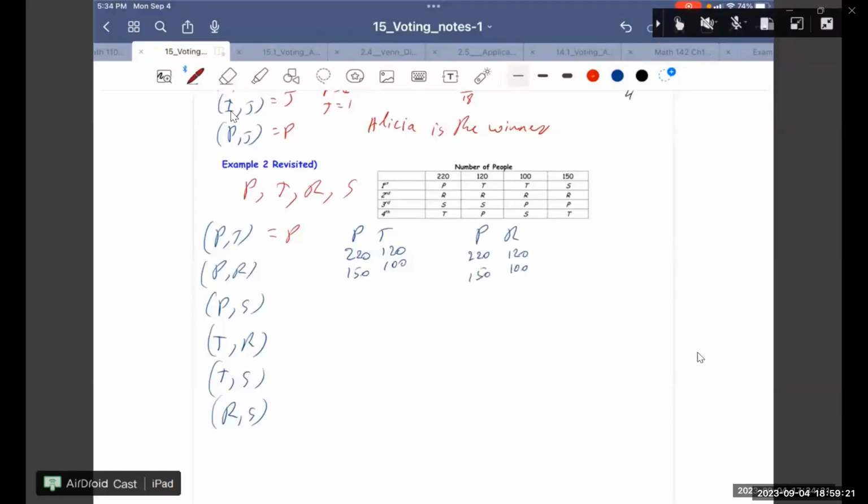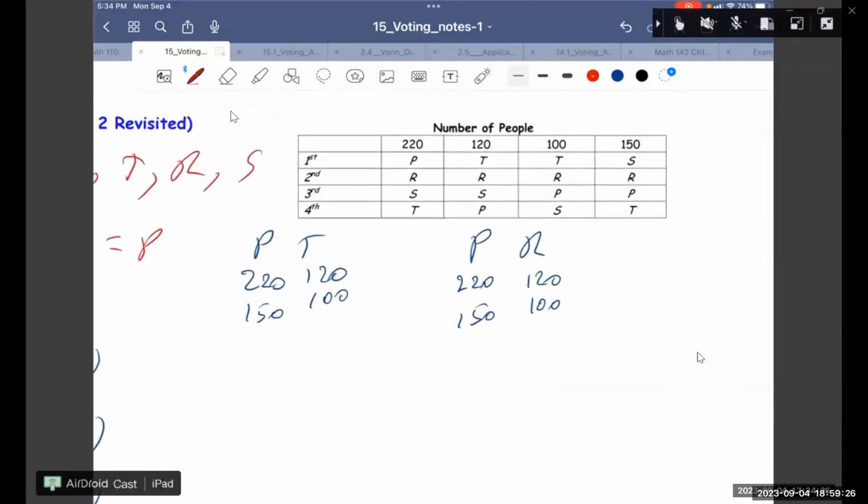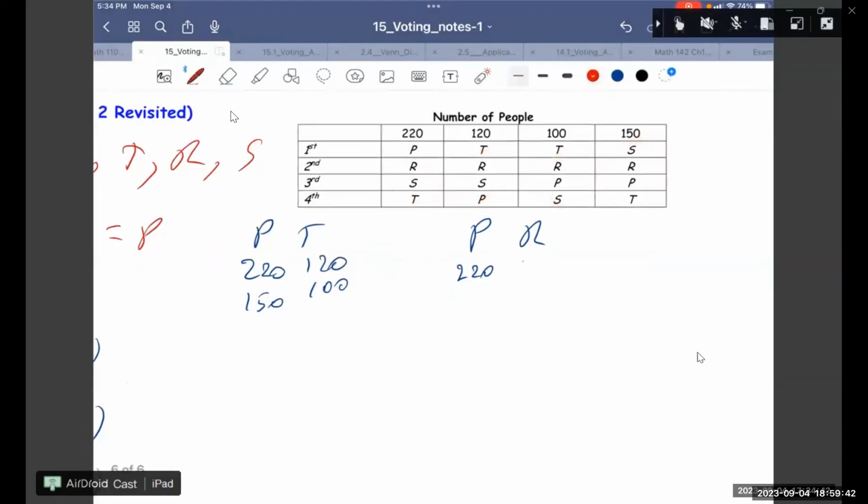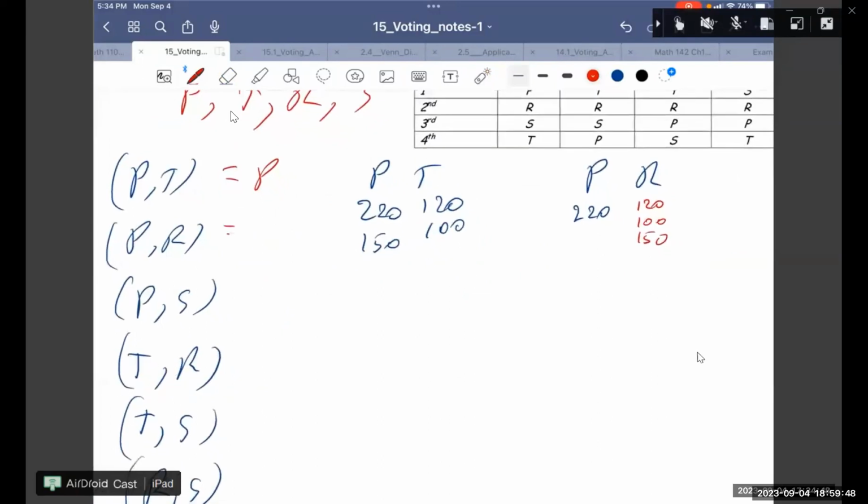So this one is P. Oh, R is wrong. So, okay. So with the R, it's going to be R, R, R. So we should know R is 120, 100, 150. So this one is the R.